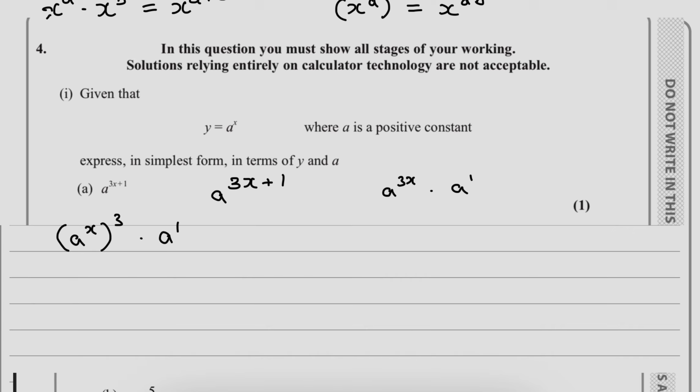And now we have all the steps, we have all the ingredients, we just have to put it together. a to the power of x, we know that's y, so that's y cubed multiplied by a, but I'm just going to write that as a y cubed because it's what we have to write in order, and that's it. You're only going to get 1 mark for your final answer.